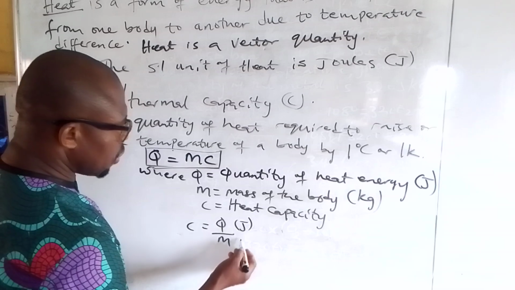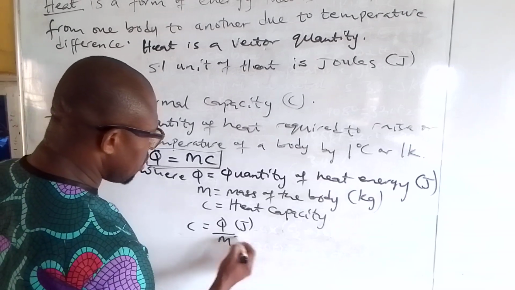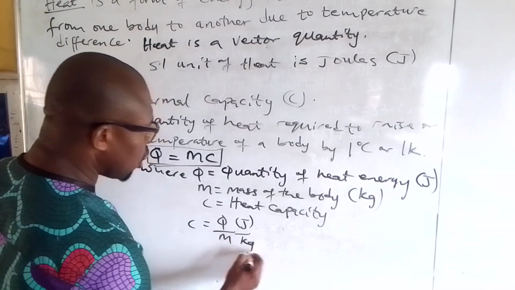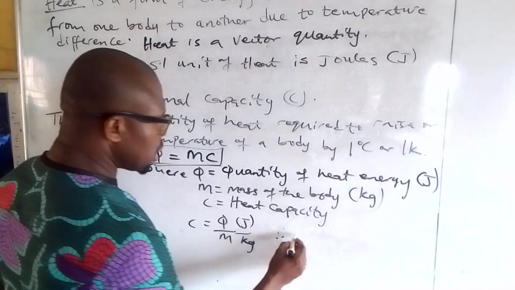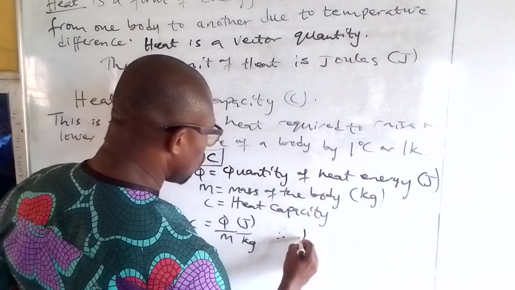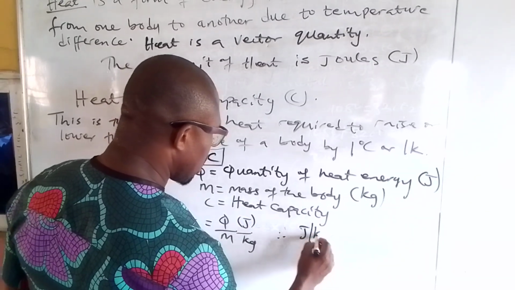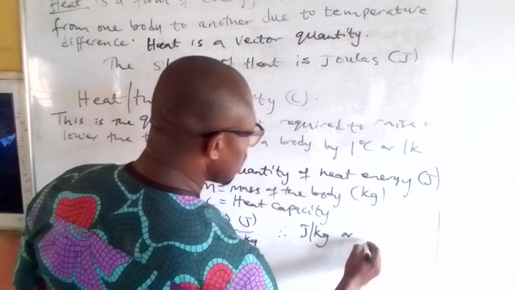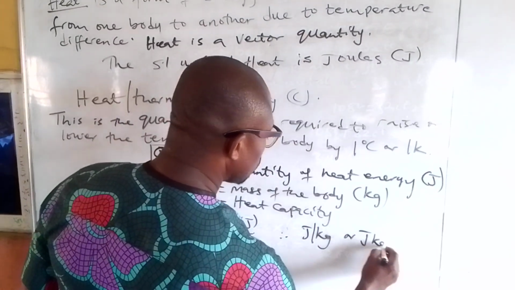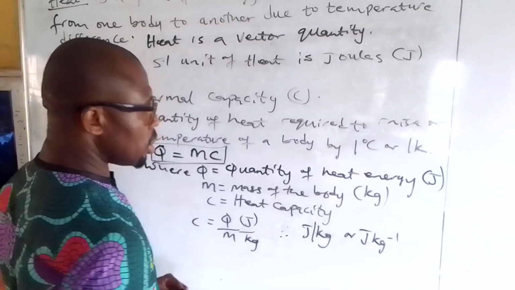M is the mass of the body measured in kilogram. Therefore, the SI unit of heat capacity is joule per kilogram. It can be written as joule per kilogram like this.